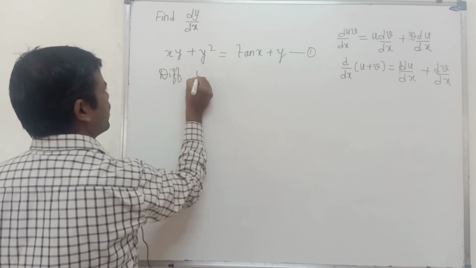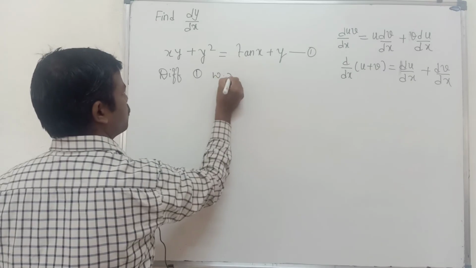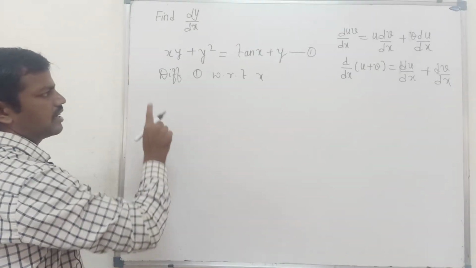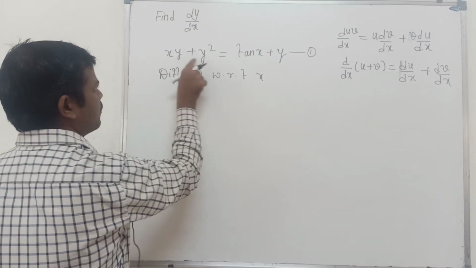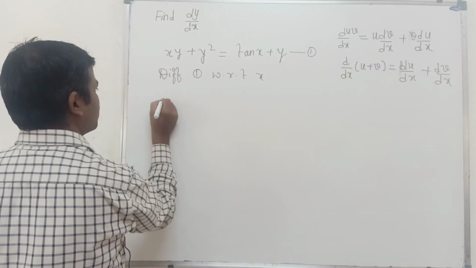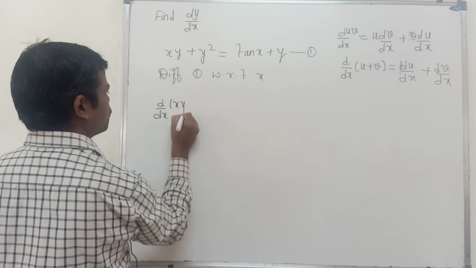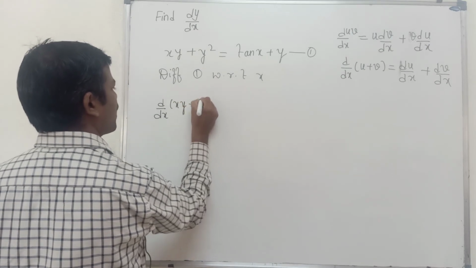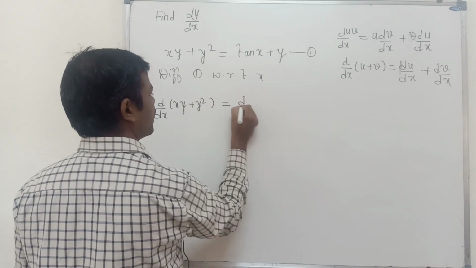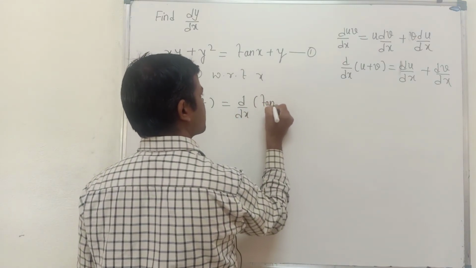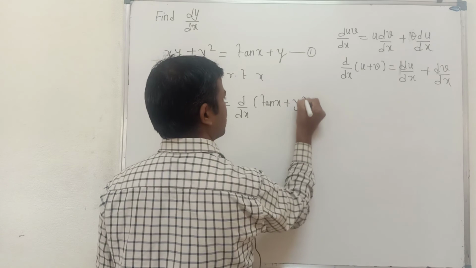Differentiate 1 with respect to x. While differentiating with respect to x, first apply the sum rule on both sides. The derivative of xy plus y square is equal to the derivative of tan x plus y.